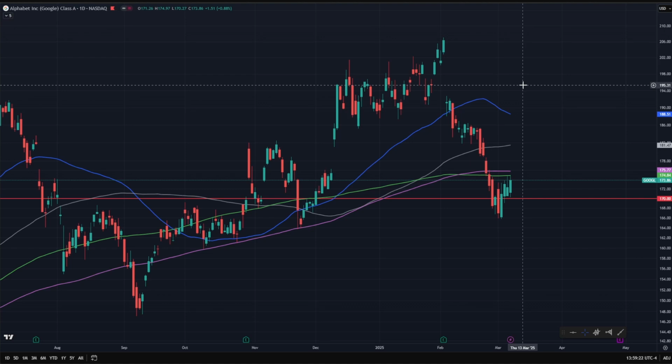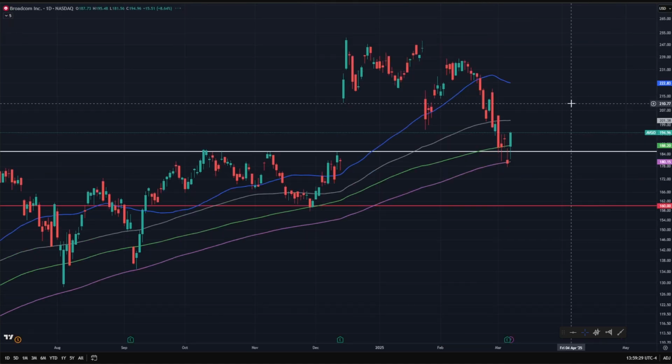I was also able to close several CSPs this week. I took a Broadcom CSP at the 160 strike, which expired on Friday. I did it not because I'm playing earnings, Broadcom has earnings this week. You never want to hold the trade over earnings, but because I genuinely wanted to buy 100 shares of Broadcom for my long-term portfolio.